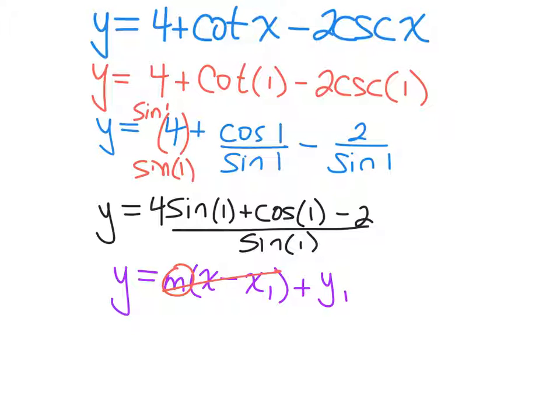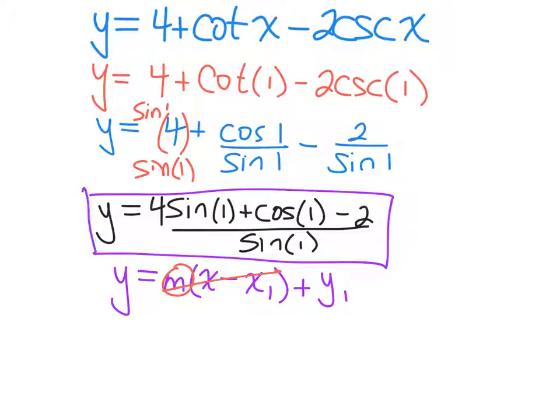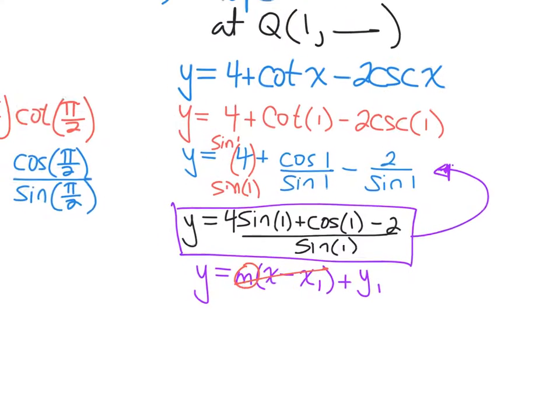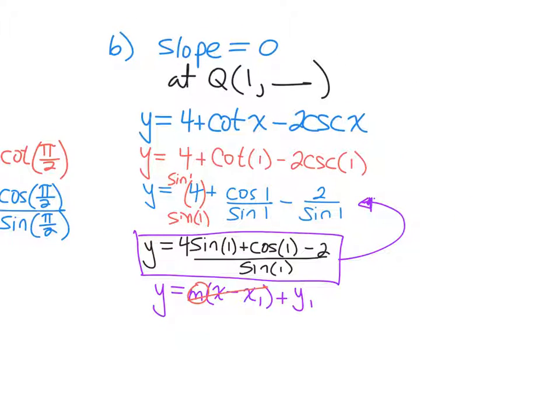I could have left it as the original form or my new form, but basically it's telling me that y would be equal to this whole thing right here, or what it was in its previous form. All right, which is strictly numerical, because if I were to put that in my calculator, I would get some funky looking decimal value, and then that would be it.